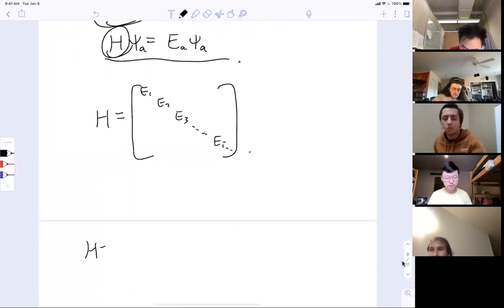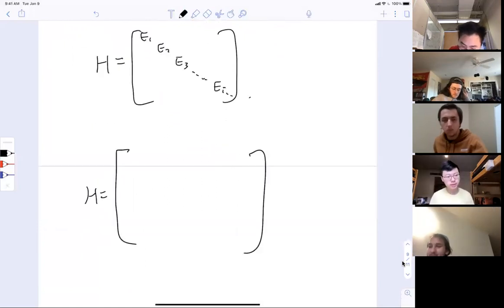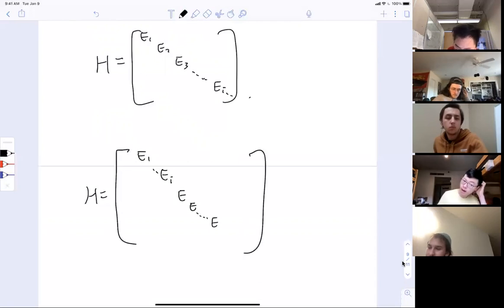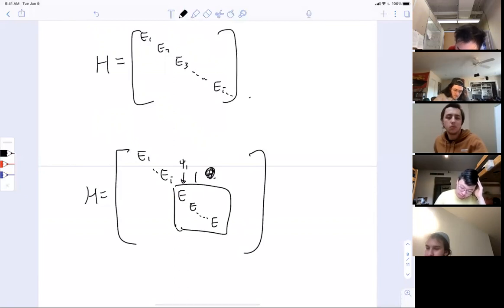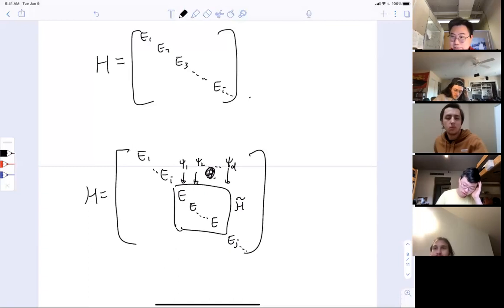Generally speaking, they must be different, right? So after this diagonalization, suppose I get some subspace which has the same energy E. Let's assume the dimension of this is D. I assume the corresponding eigenstates are psi 1, psi 2, up to psi D. I call this subspace H tilde, E. There must be some reason for that.